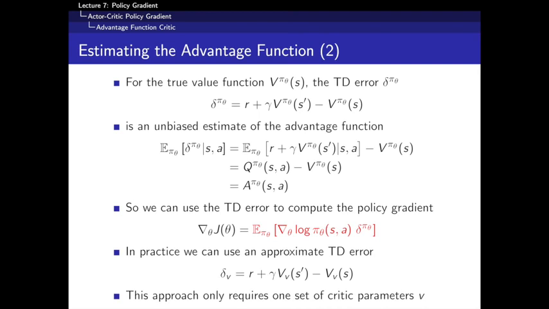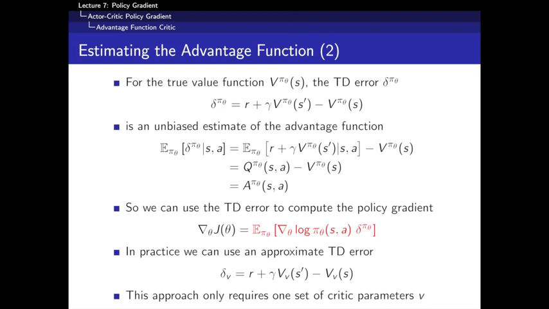And it uses the following idea, which is that the TD error is a sample of the advantage function. So consider the following TD error, this delta pi thing here. If we knew the true value function v pi, then the TD error is equal to the reward plus the discounted true value at the next state minus the true value in the state I'm in.